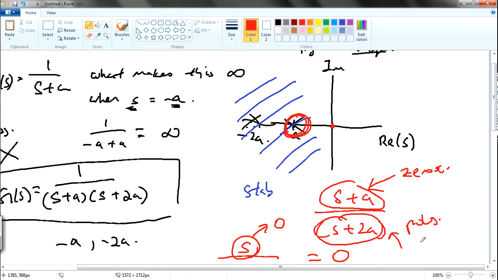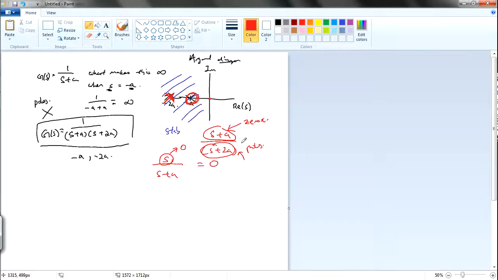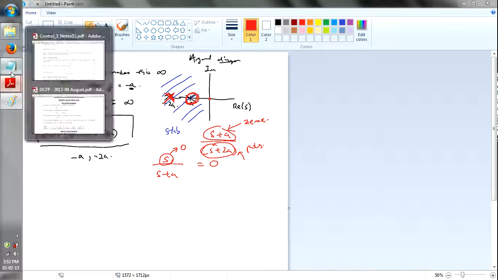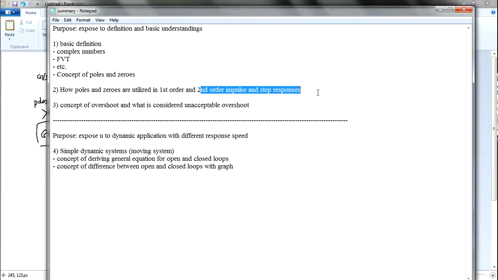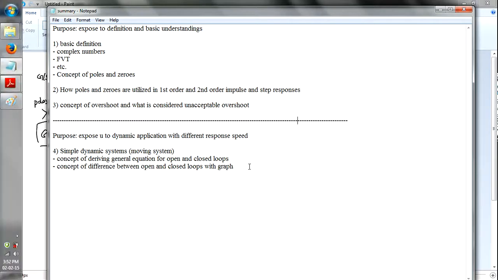So you just plot minus 2a as a cross. As you can see, this is the zeros and this is the poles. So you need to know how, when and what are the poles and zeros. In the next video I'll talk about the second order impulse and step responses. I hope I made this clear for poles and zeros.